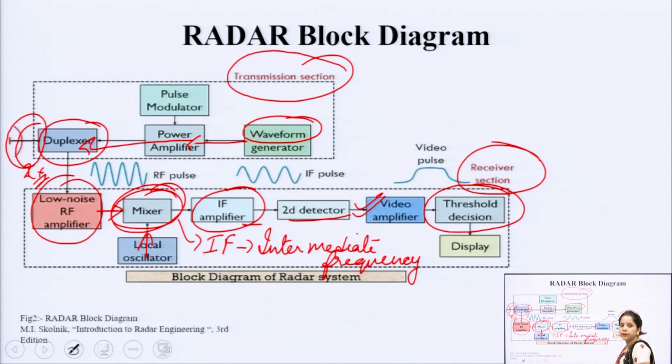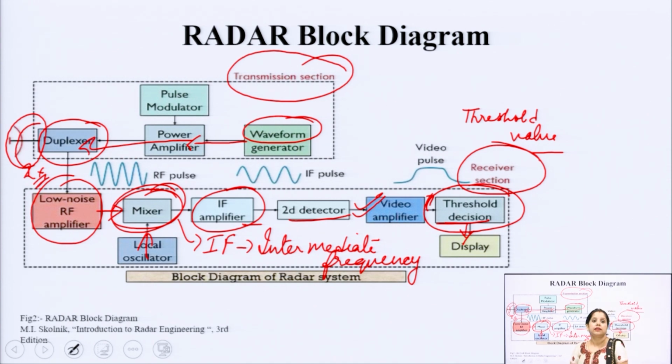The threshold decision basically works so that if a threshold value is set, and the signal strength crosses that level, only then will it display; otherwise it will not. So, this is the basic block diagram of our radar, and you will have questions coming in your subject.